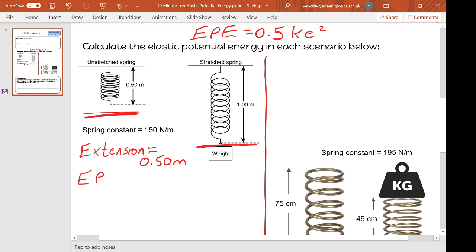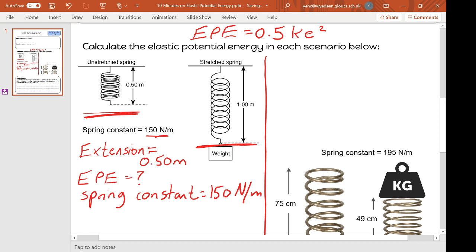My elastic potential energy, that's what I'm trying to find. So right now all I'm doing is making a list of all my values, and the spring constant they gave me was 150 newtons per meter.